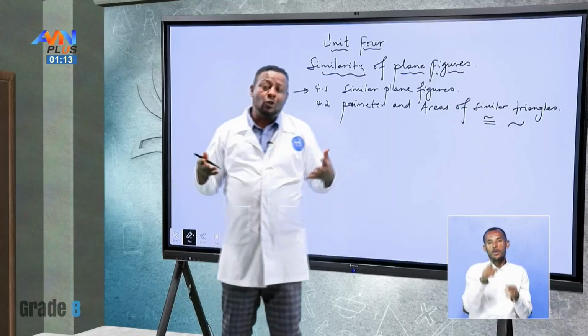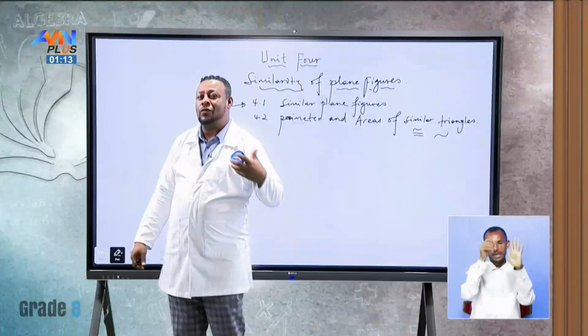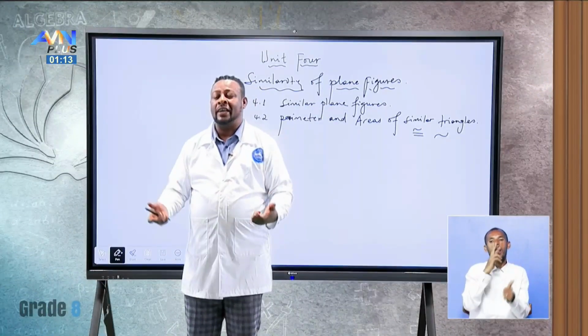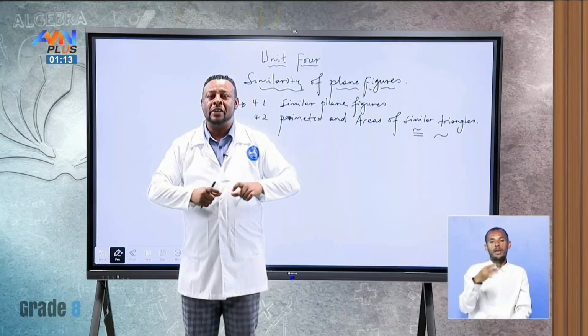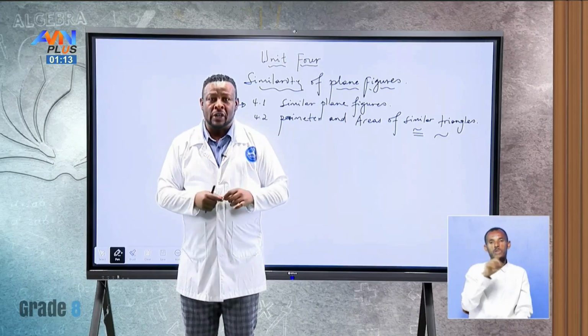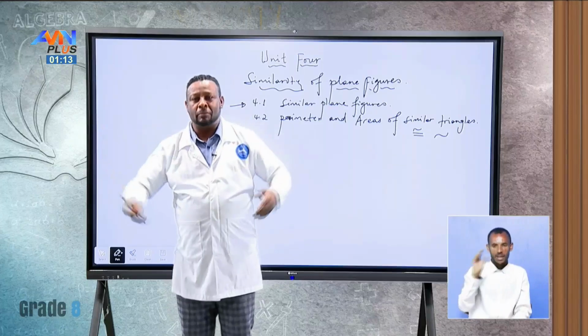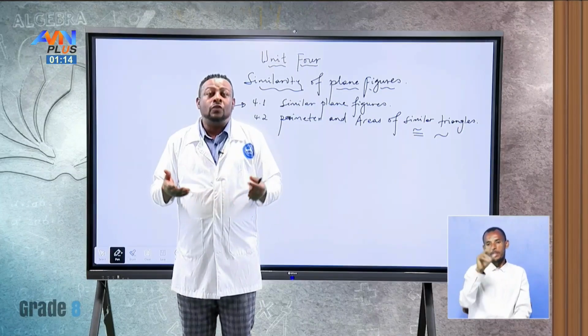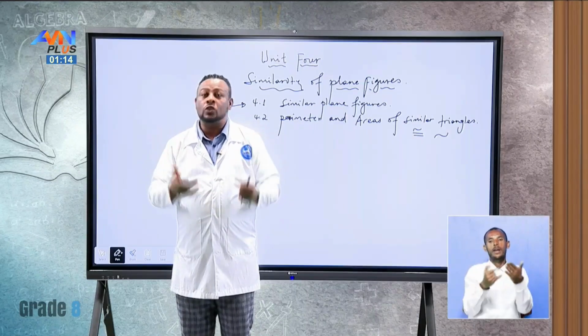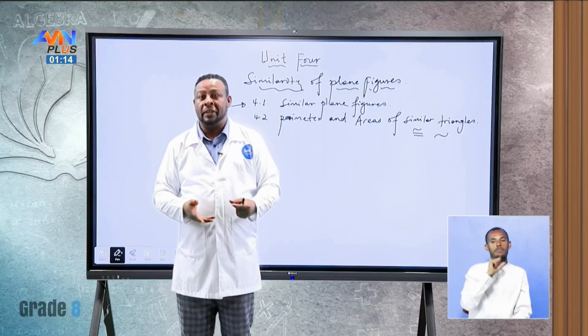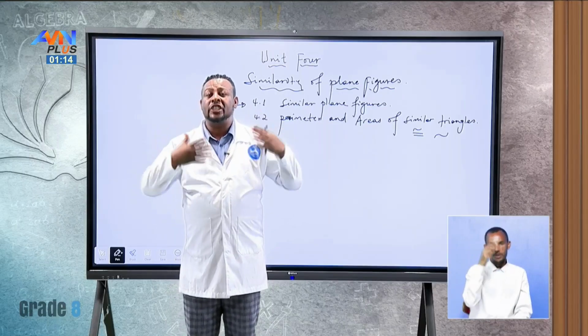You can also bring some examples of figures which are not similar. If you consider your own picture at the age of 5 and at the age of 20-something, those photos may not be similar, right? Because there is a change in shape.